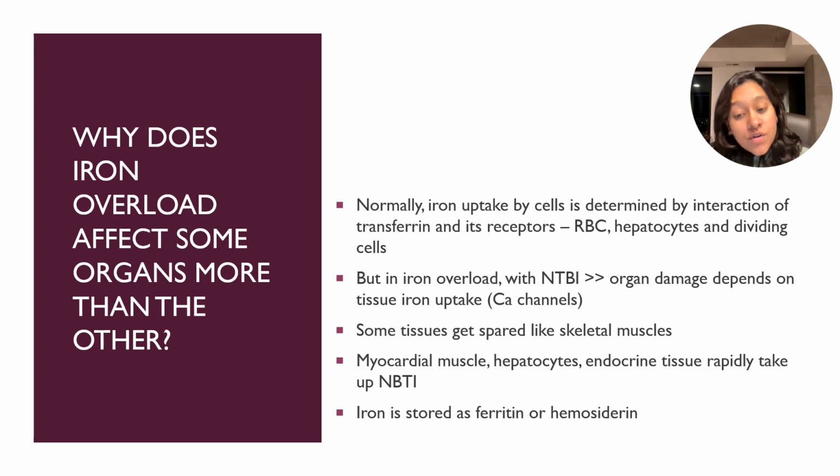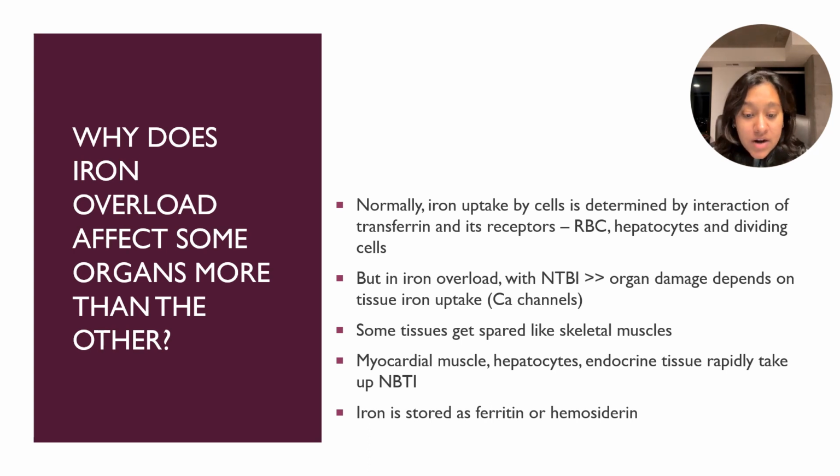But in iron overload, when you have the non-transferrin bound iron or the free labile iron, the organ damage depends on how much iron the tissue is taking up, which again is dependent on the presence of certain calcium channels. Some tissues get spared, like the skeletal muscles, so you don't really see iron overload affecting the skeletal muscles so much.